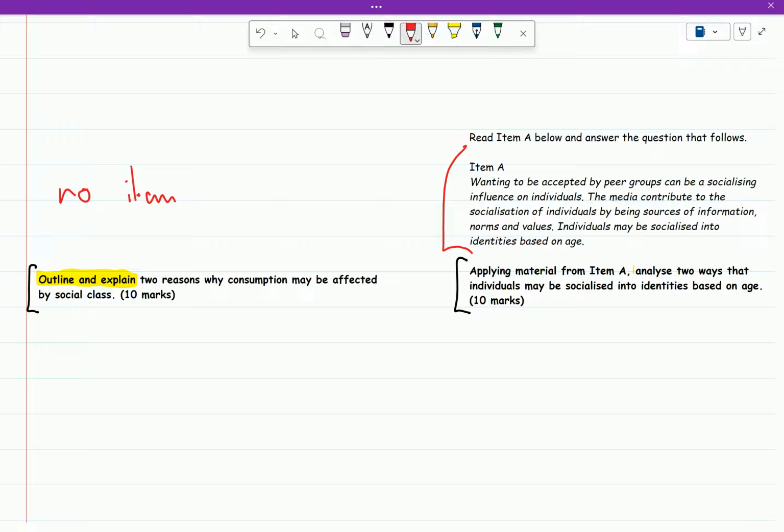What do I mean? Well, it's not uncommon for students to think that maybe there's meant to be an item there and it's not been printed. Maybe they think that this item relates to both questions because they're both 10 marks. All sorts of things can come up in a student's head, especially when the clock's ticking and they're under pressure. So if you don't pick anything else from this video, please remember this: the outline and explain questions do not have an item and are not supposed to have an item.